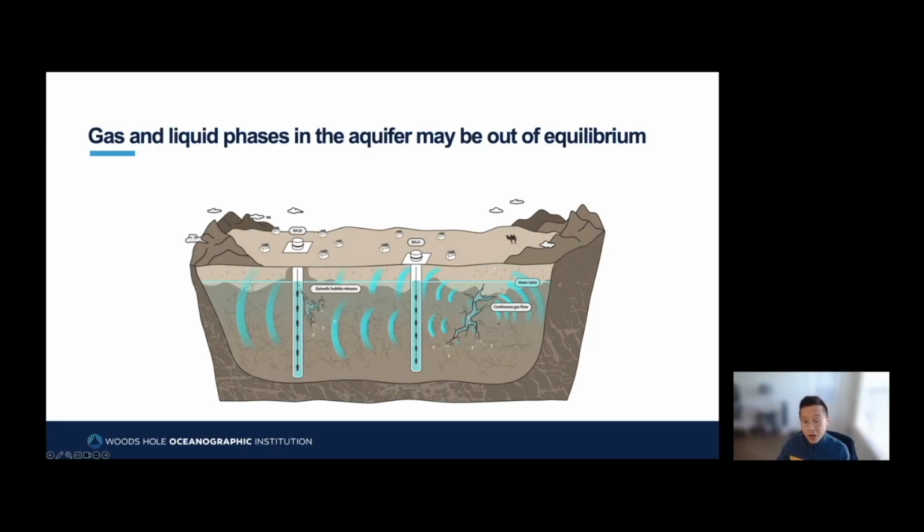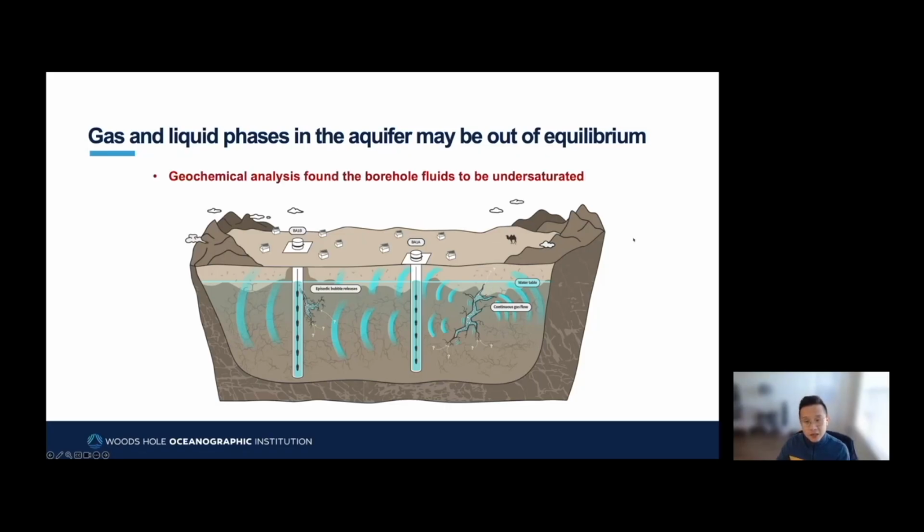On the other hand, you have continuous gas flowing through an underground fracture, which generates our sustained harmonic tremors. These inferred processes suggest that the aquifer of the study site is probably very rich in free gas.